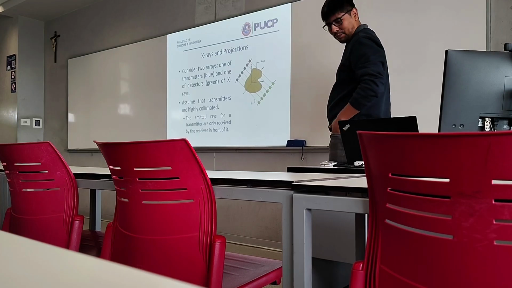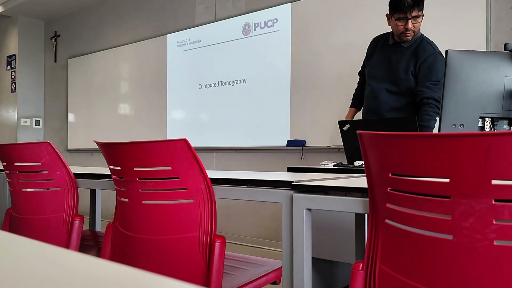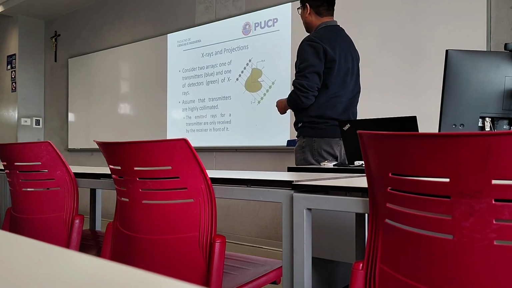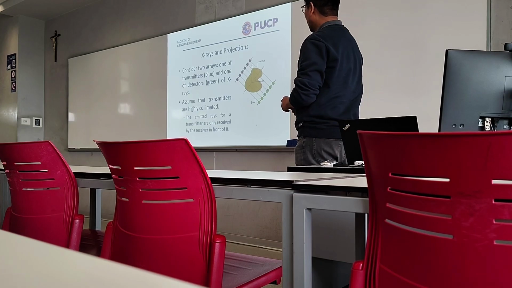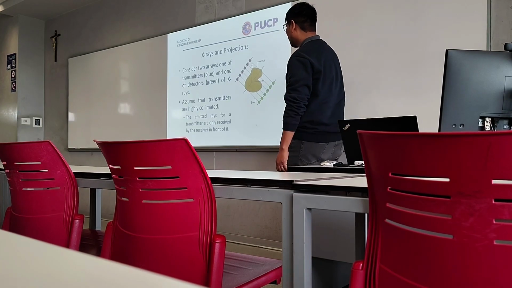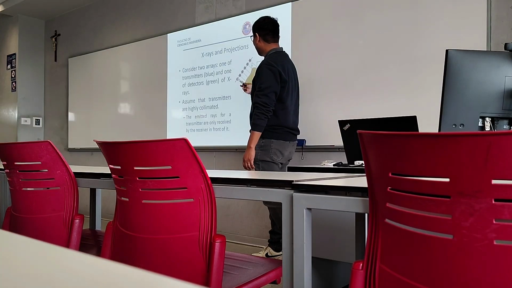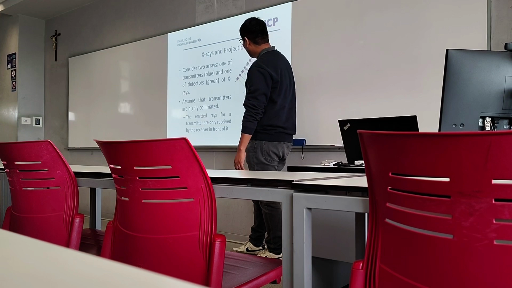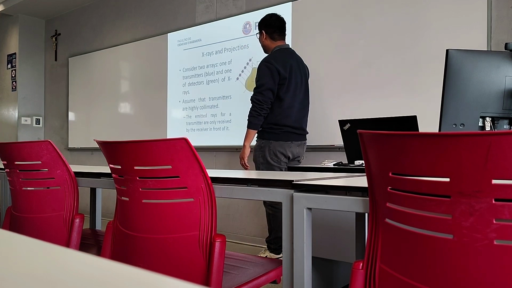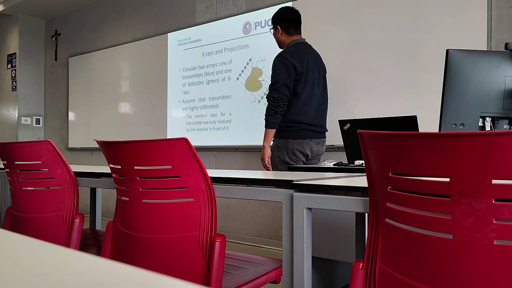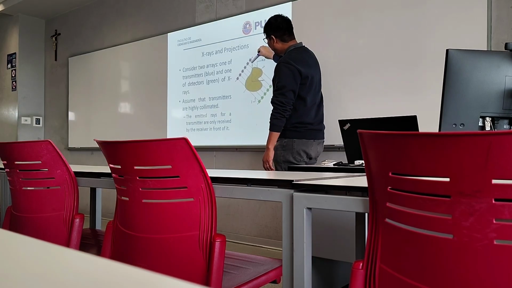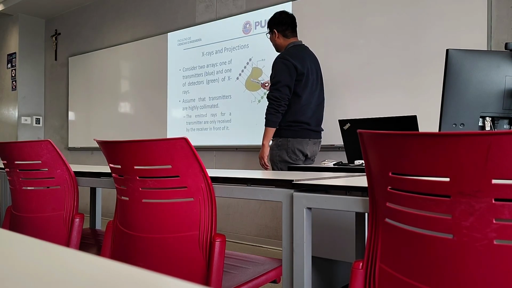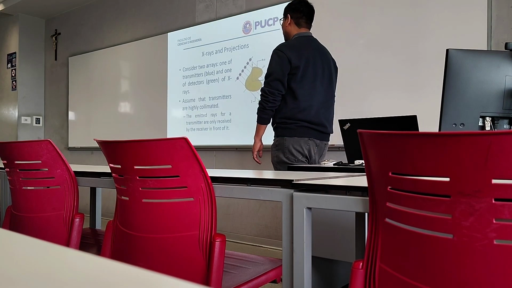X-rays, ¿no? Consider two arrays. Consider the configuration that we were talking of: transmitters in a sequence of arrays and detectors also in a sequence, such that we will have very parallel rays reaching the detector.